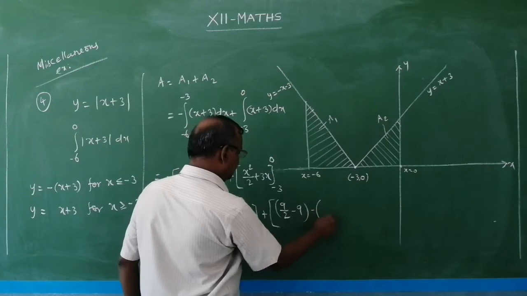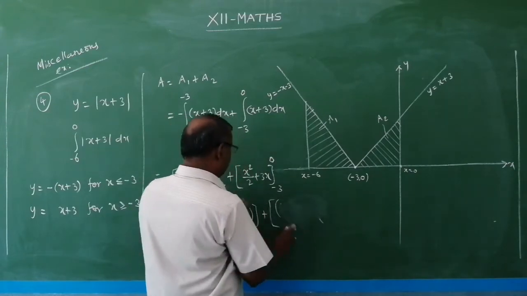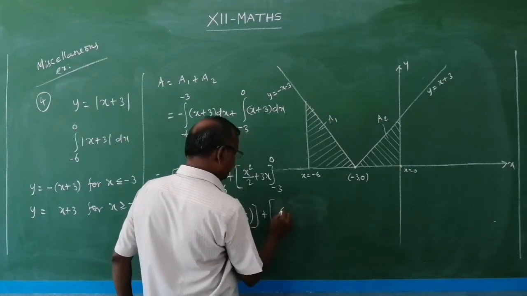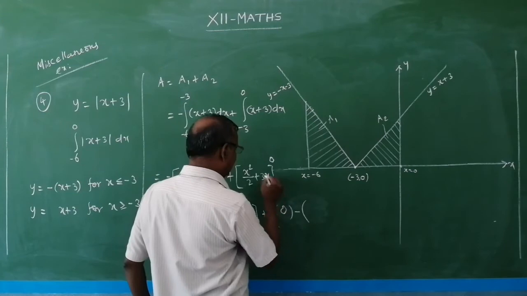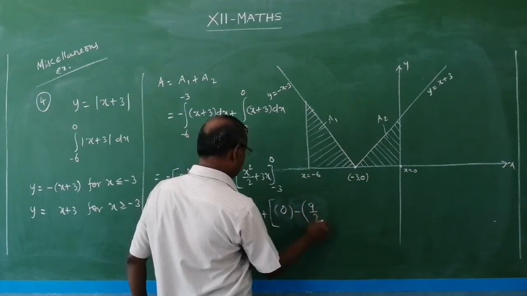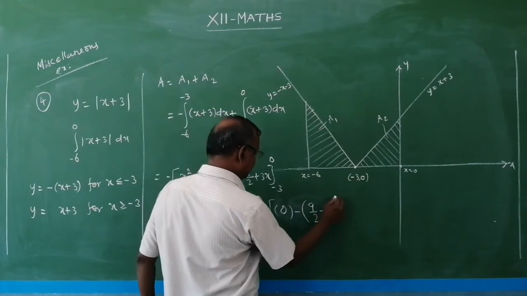When we substitute the upper limit it is 0, minus of minus 9 by 2 minus 9.